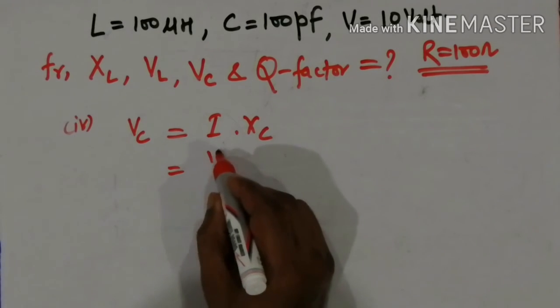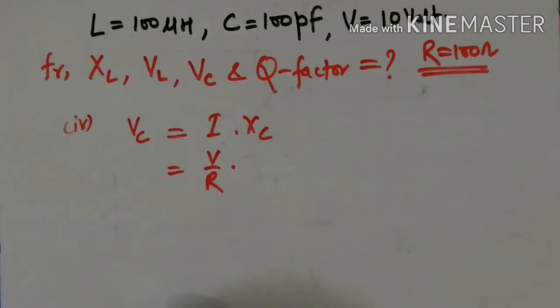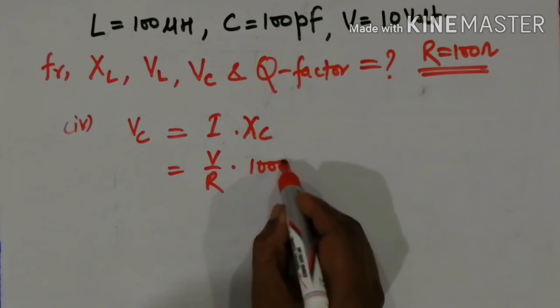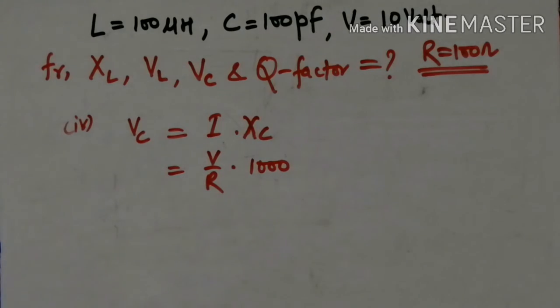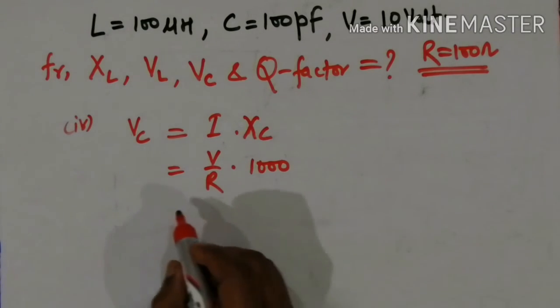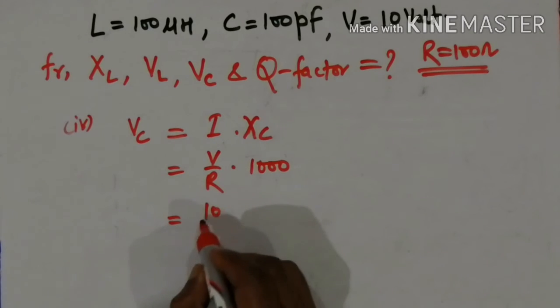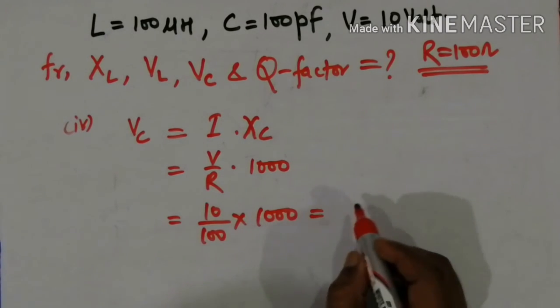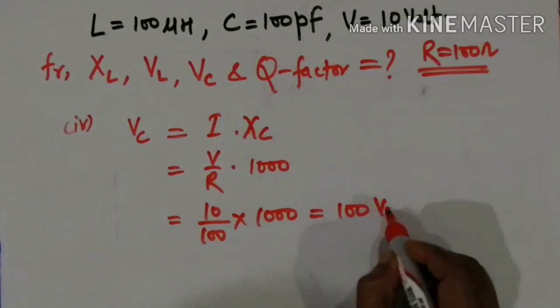It is voltage divided by resistance into XC. The value of the XC is equal to the XL because this question belongs to the resonance. Here the voltage is 10 divided by 100 into 1000. It becomes once again 100 volts.